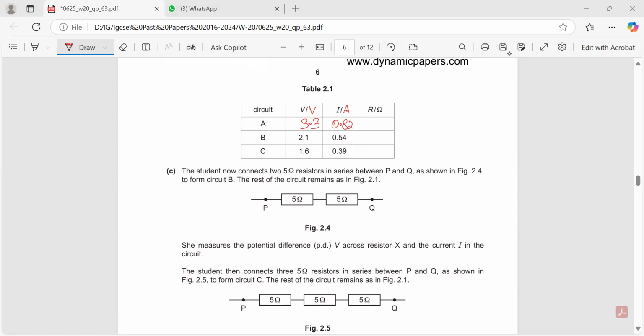Then 2.1 divided by 0.54, 3.89. And then in the end 1.6 divided by 0.39, 4.10. These are the three values.